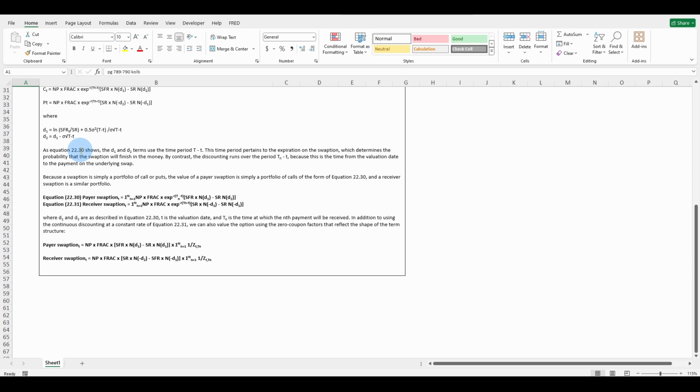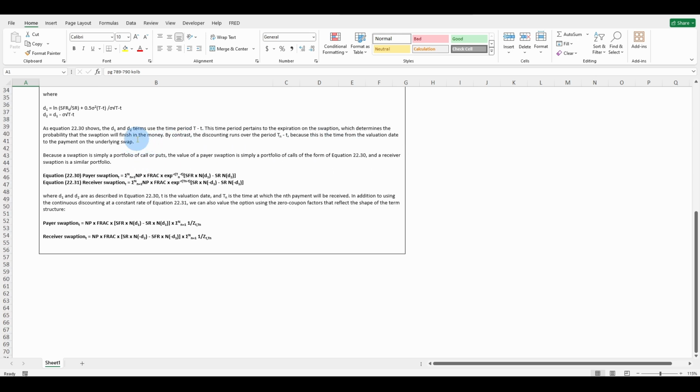This time period pertains to the expiration of the swaption, which determines the probability that the swaption will finish in the money. That's critical. By contrast, the discounting runs over the period T_n minus t because this is the time from the valuation date to the payment of the underlying swap.